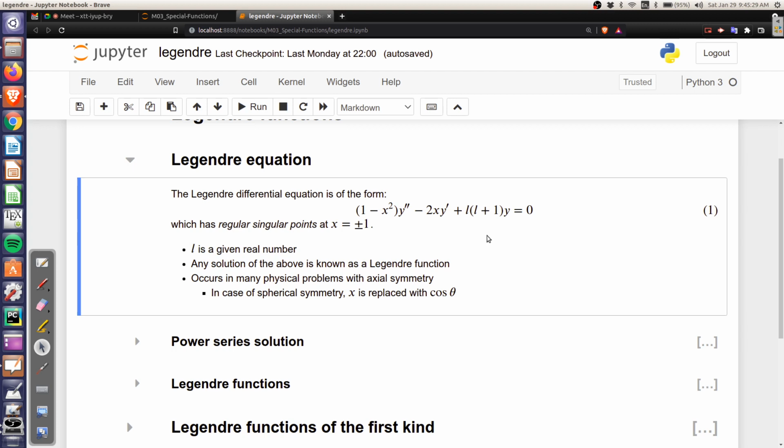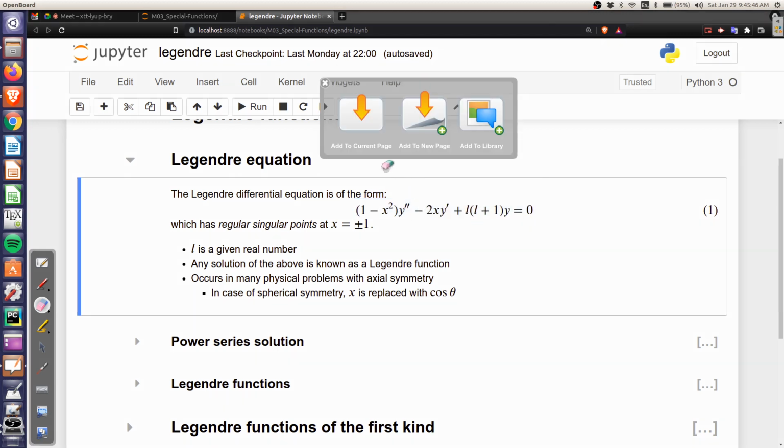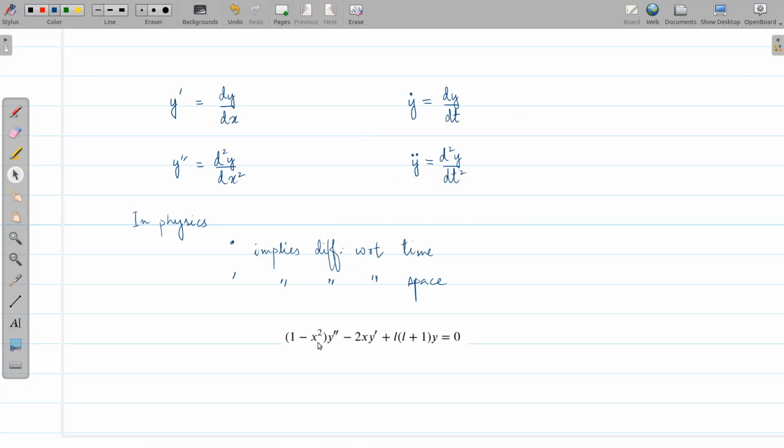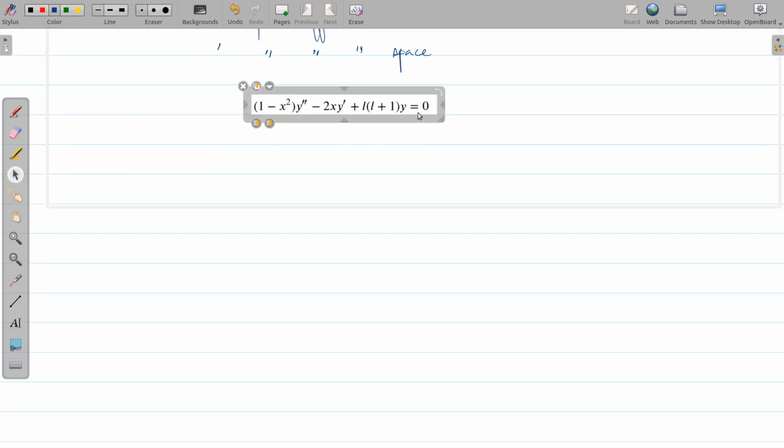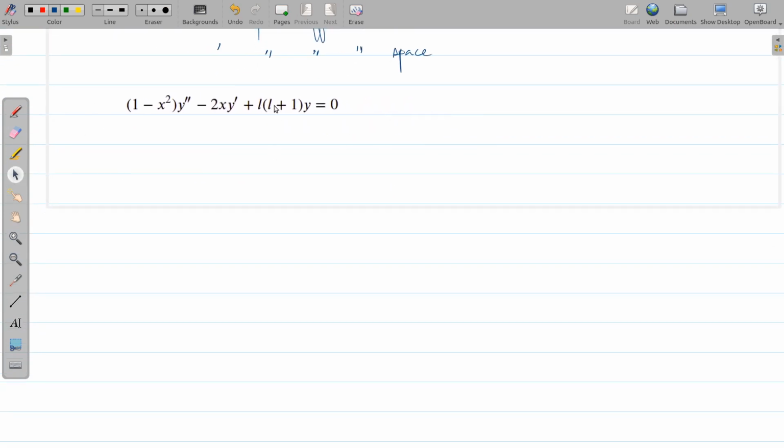By the way, can anyone tell me, is this a homogeneous or an inhomogeneous differential equation? This Legendre differential equation that we have on the screen right now. My question is, anybody who knows the answer, you can respond.